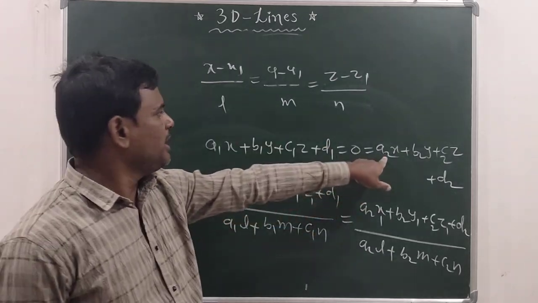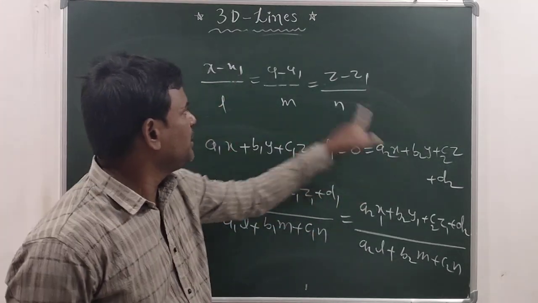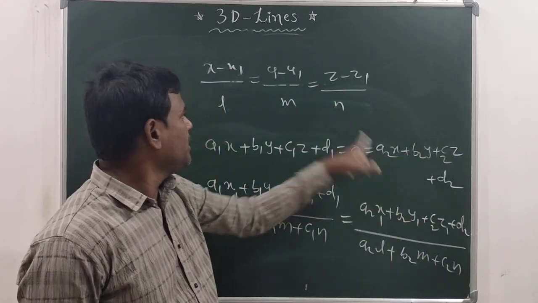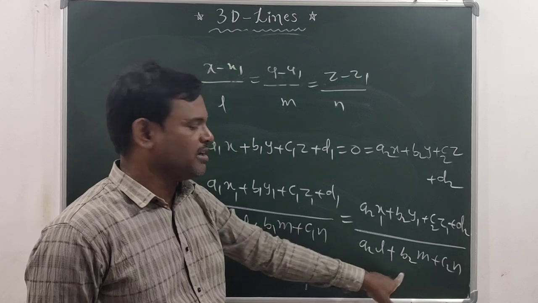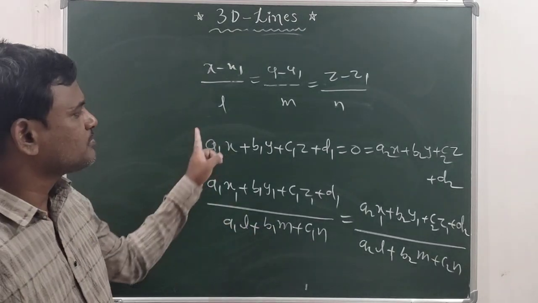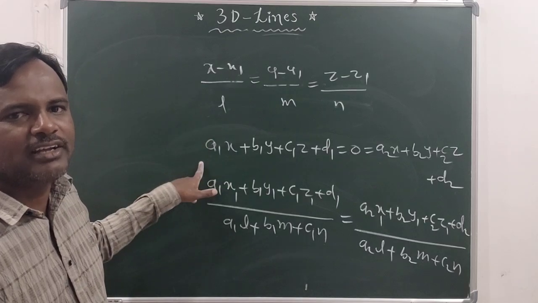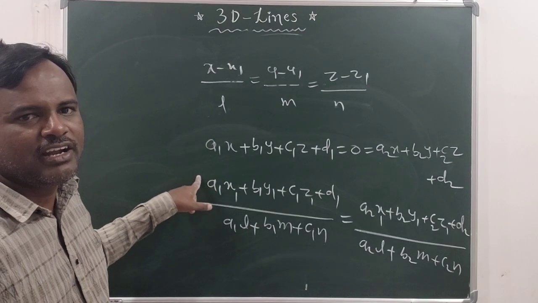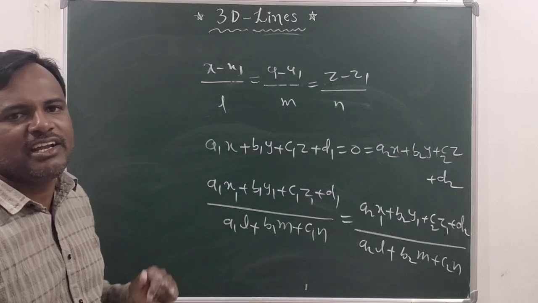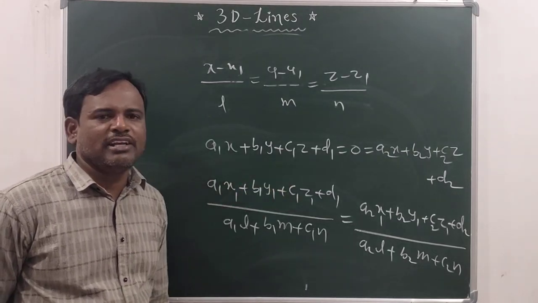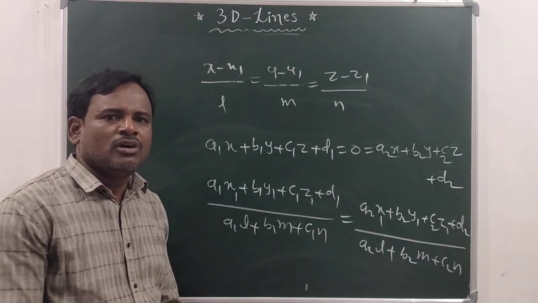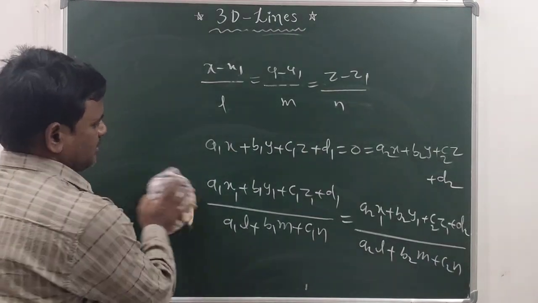Now go to this a2x1 plus b2y1 plus c2z1 plus d2 by a2l plus b2m plus c2n. If both are equal, then you can say that both are coplanar lines. This is the way to check whether the given lines are coplanar or not, whenever one of the lines is in symmetrical form and one more line is in unsymmetrical form. Okay students? Right.